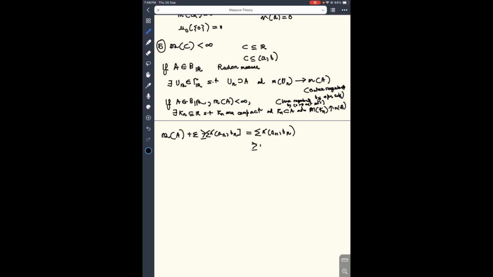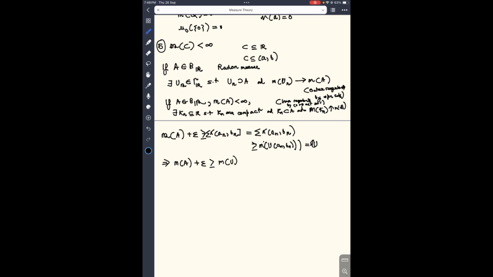This is greater than or equal to the measure of the union of (An, Bn), which is an open set, let's call it U. So M(A) plus epsilon is greater than or equal to M(U).